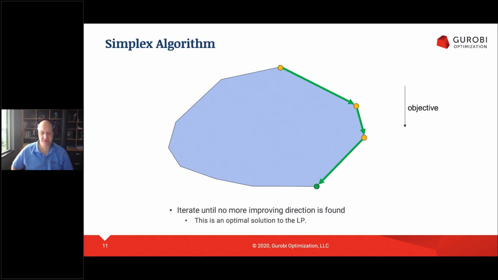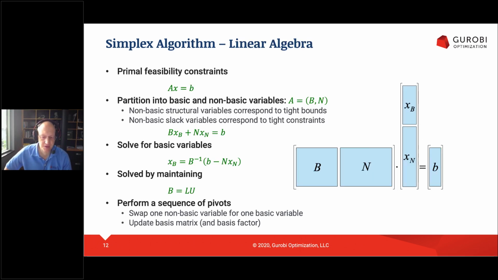So that's a graphical representation. In terms of the mathematics, in linear programming you have a set of feasibility conditions, Ax = b. What the simplex algorithm does is partition the variables into a set of basic variables and a set of non-basic variables, so A = [B N], as depicted in the figure to the right.